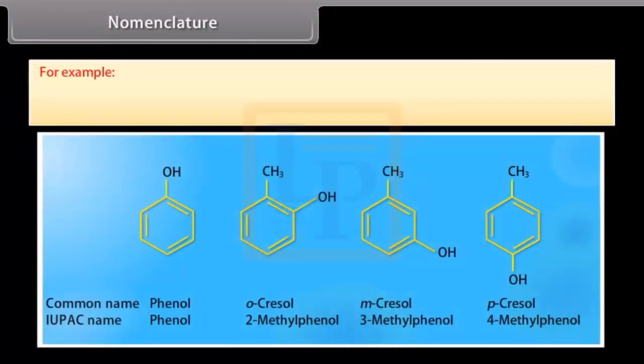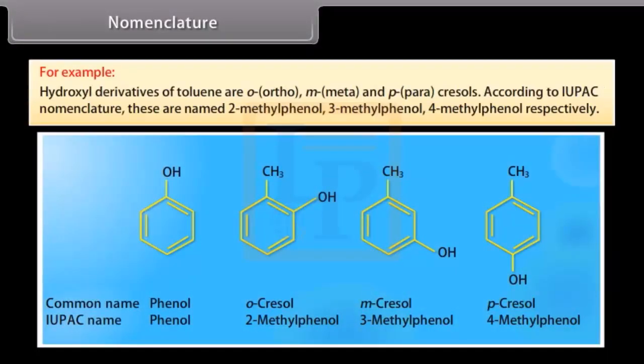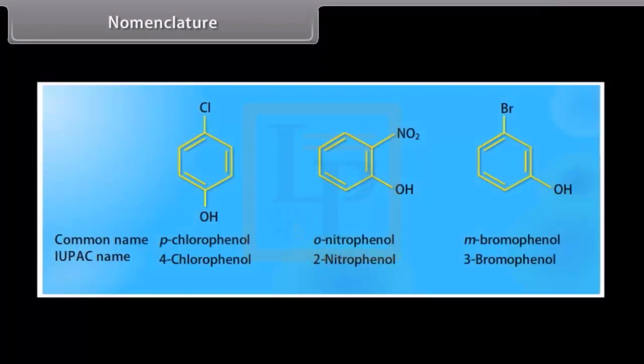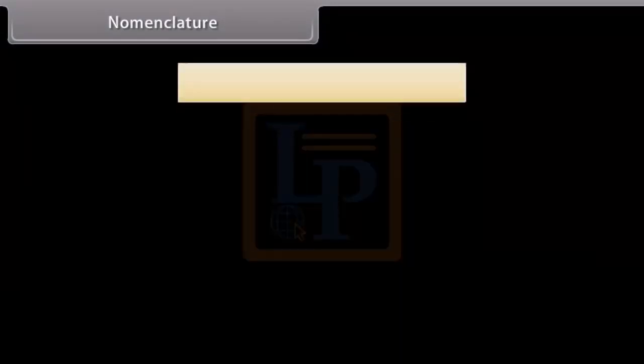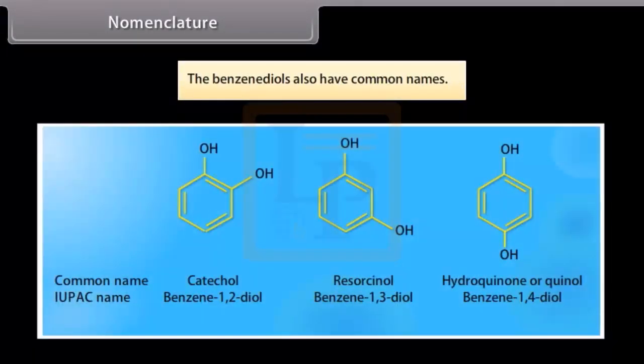For example, hydroxyl derivatives of toluene are ortho, meta and para-cresols. According to IUPAC nomenclature, these are named 2-methylphenol, 3-methylphenol, 4-methylphenol respectively. One more example is the benzene diols, which also have common names.